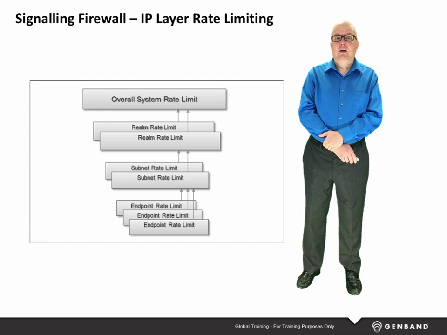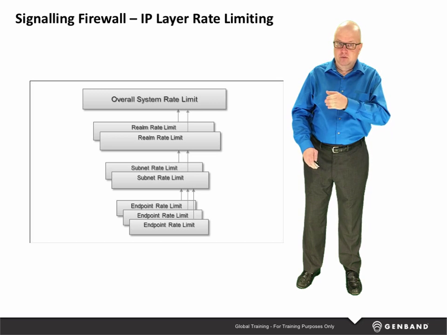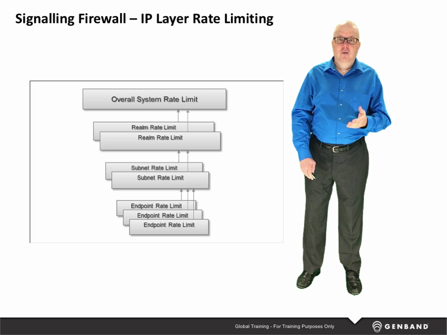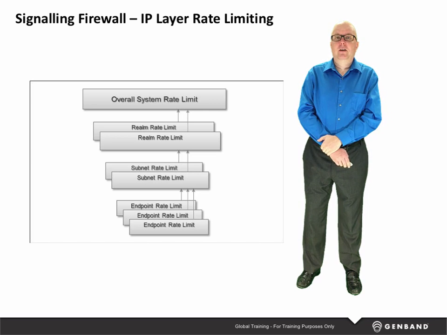The endpoint rate limits cannot be larger cumulatively when you add them all together: 20 calls, 30 calls, 40 calls. Your overall system rate limit would need to be higher than 20 plus 30 plus 40. But we can set rate limits in multiple places.